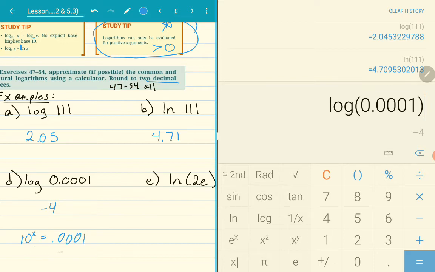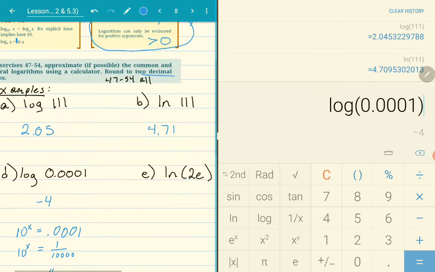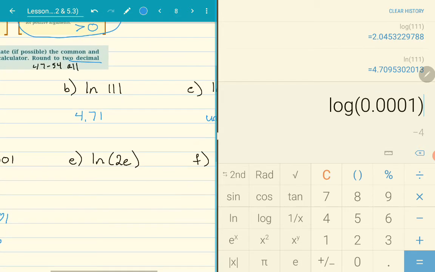Well, 10 to the -4. That's 1 over 10 thousand. Wait, let me think. Tens, hundreds, thousands. Yeah, 10 thousandths. Sorry. So that is 10 to the -4. So that one I actually could have done exact, but my calculator can always help me if I forget that.